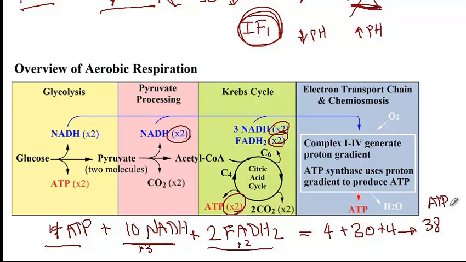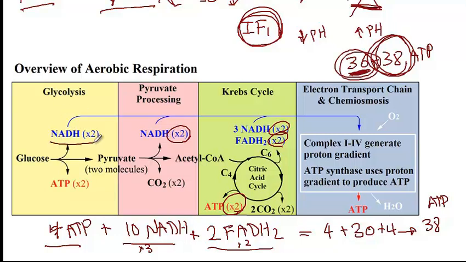And then you might have noticed that some sources say 36 to 38 ATP is produced from 1 molecule of glucose. Can you tell me where this number 36 is coming from? And so the number 38 is seen in bacteria because they don't have any membrane-bound organelles, versus in eukaryotes, the 2 NADH that are produced by glycolysis is in the cytoplasm, and now it has to enter the mitochondria in order to undergo the electron transport chain.